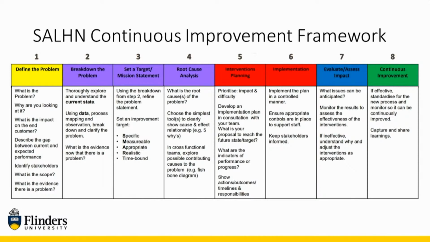You see steps 1 to 4 are around identifying problems, understanding those problems in the current service delivery context. 5 and 6 are around designing solutions, designing interventions, and then 7 and 8 are around evaluating the impact of implemented changes to the delivery of healthcare.